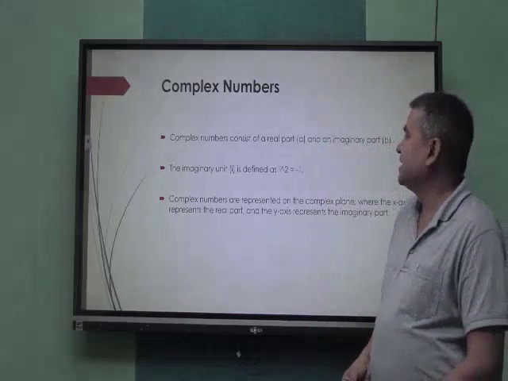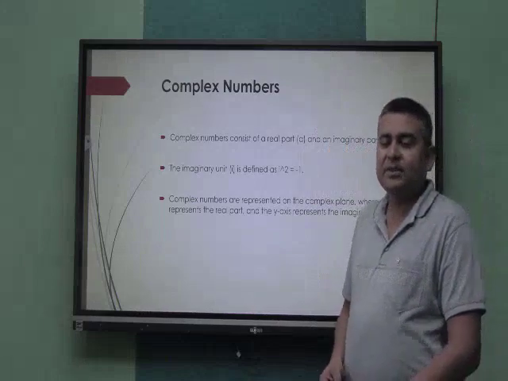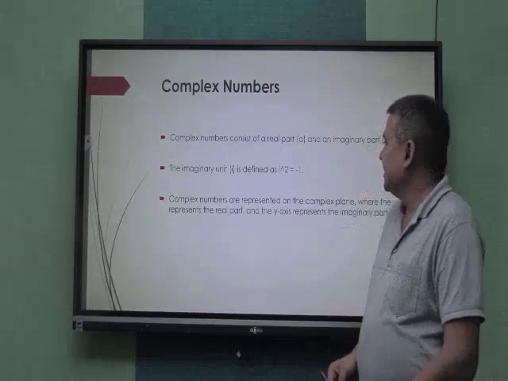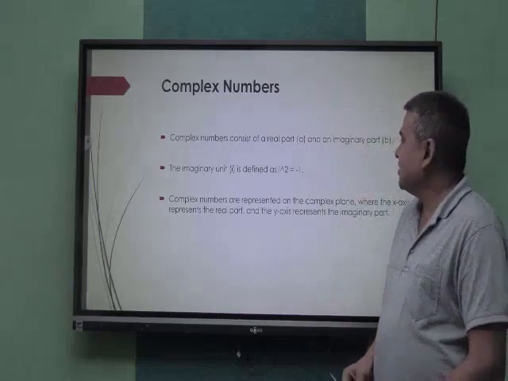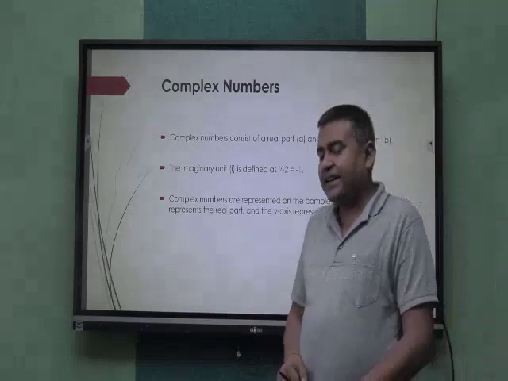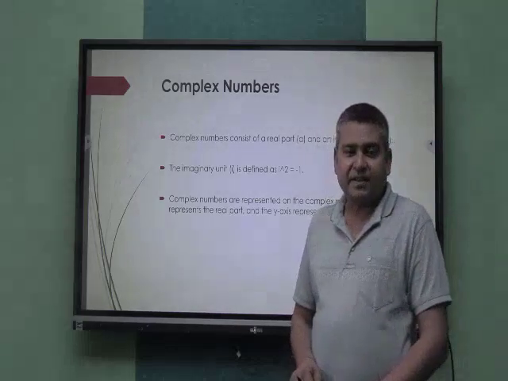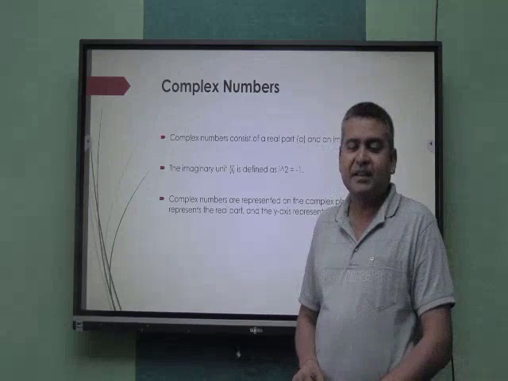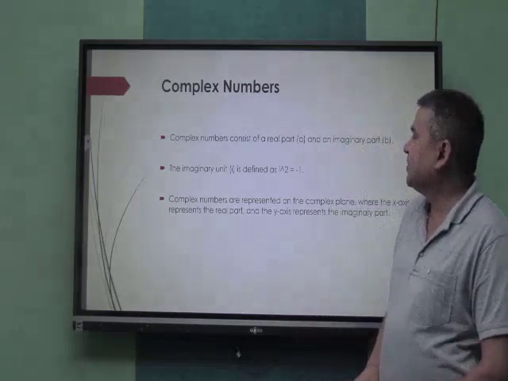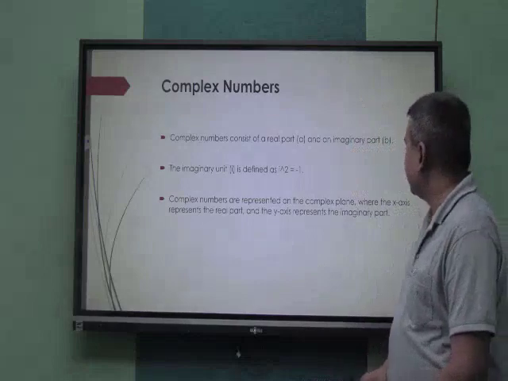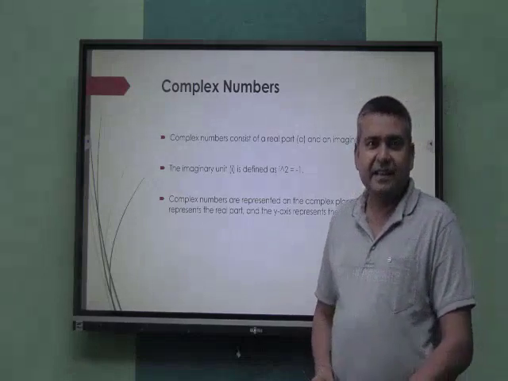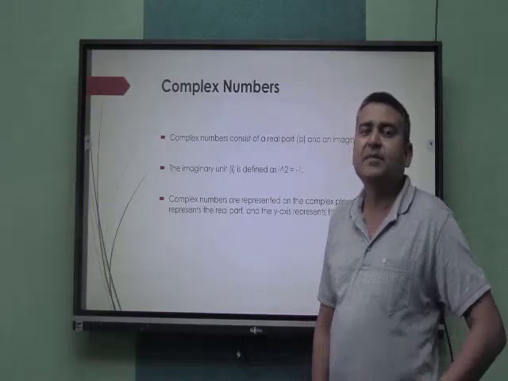The imaginary unit i is the square root of -1, so i square equals -1. That is the beginning of the complex number of the form a plus ib. Complex numbers are represented in the complex plane, where the x-axis represents the real axis and the y-axis represents the imaginary axis.